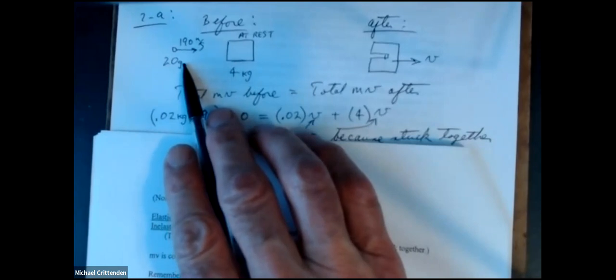A collision where they stick together is about as far, well, I'm not going to bother to write it out, but as an optional exercise for the student, every time one of my professors said that, I always kind of snickered, but as an optional exercise for the student, I invite you to calculate how much kinetic energy this bullet has here, and then how much kinetic energy there is over here after the collision, and you'll find that there's far, far less kinetic energy here than there was there.